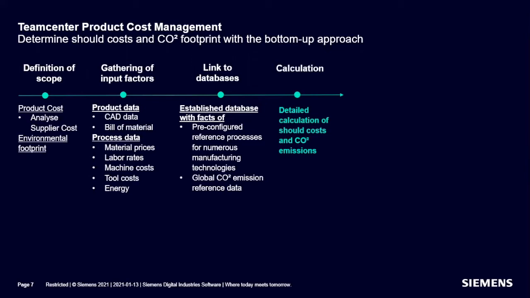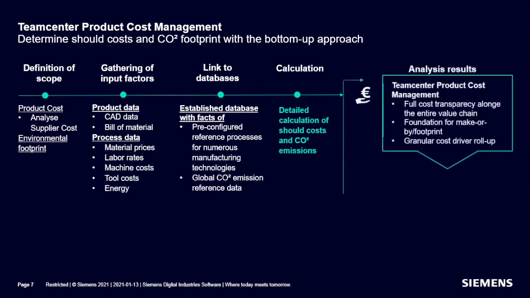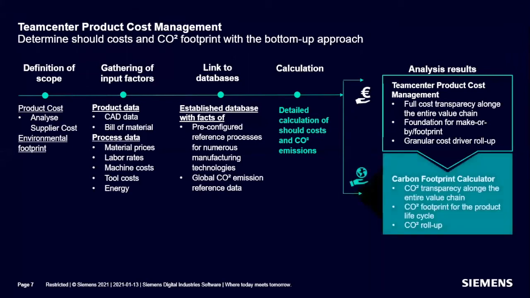This is the detailed calculation of should cost and CO2 emissions, where you have the results, ABC, with full cost transparency, with the footprint foundation, with the granular cost roll up. And you will also have the CO2 analysis, which you can do along the value chain, on your parts, on the purchase parts, on the substance, on the machines you used, in order to do the roll up as well.